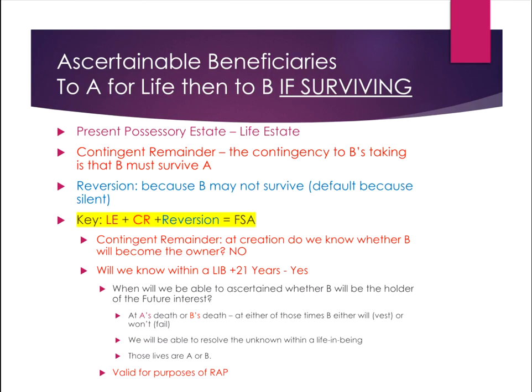So in this case, this future interest, this contingent remainder in B is valid because we will know one way or another during a measuring life of either A or B whether or not B's interest vests or fails within a life in being plus 21 years. Forget the 21 years for now. And that's all that we need to do in terms of RAP.